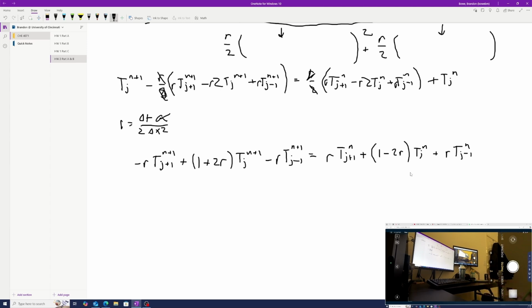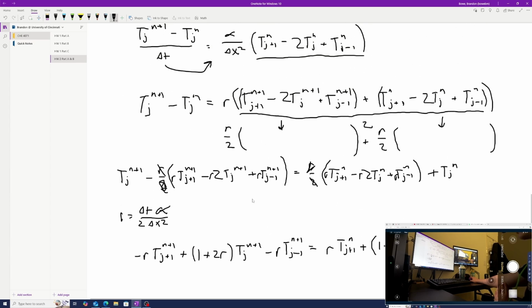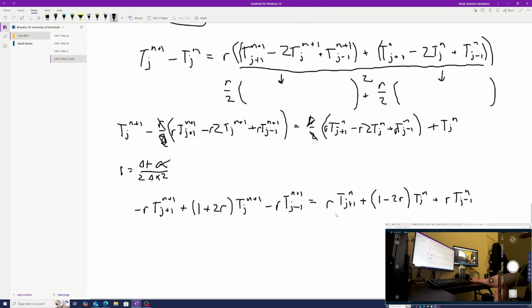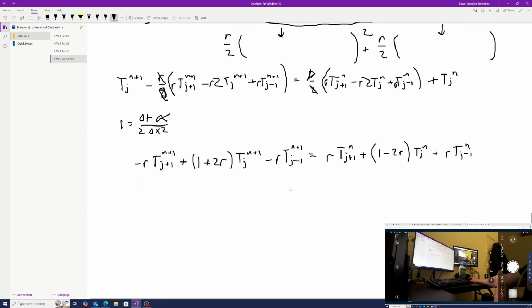And that is our algebraic solution to our time-dependent derivative of temperature using the Crank-Nicolson implicit differencing and then taking the average of the two. Okay.